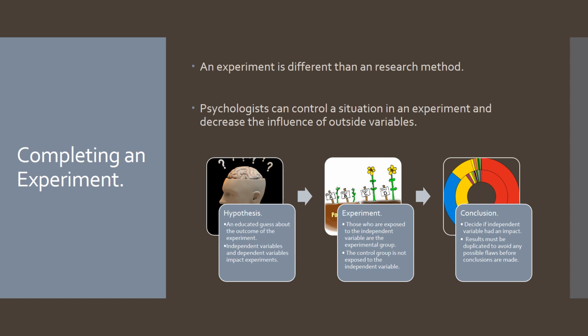Okay. So when we talk about experiments, people who are exposed to the independent variable or the changes are the experimental group. So we're giving them the experiment. Those who are not exposed to the independent variable are the controlled group. So we compare between which groups had the experiment done to them and which group has not. And most of the time, people don't know.